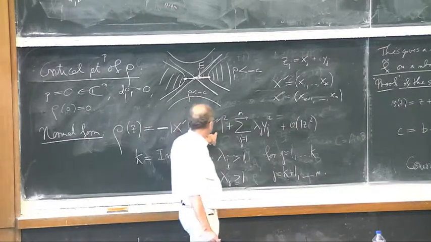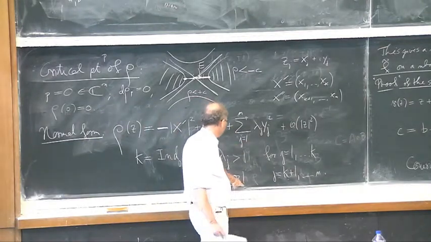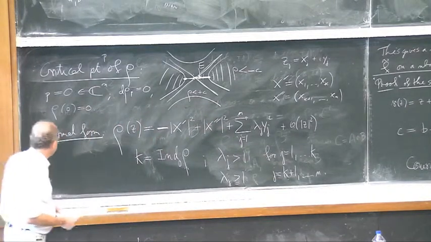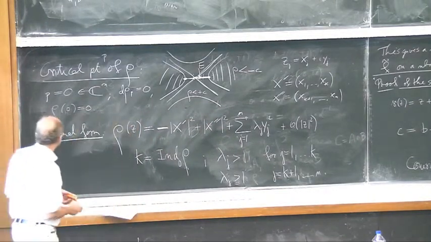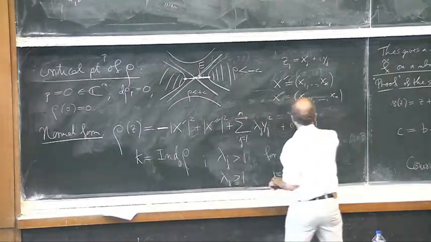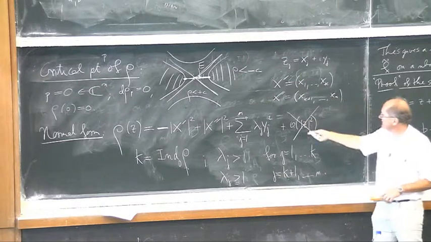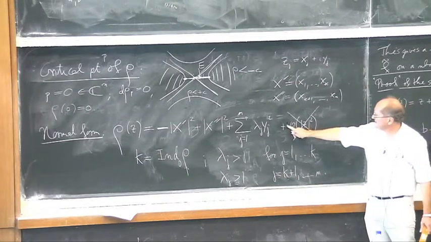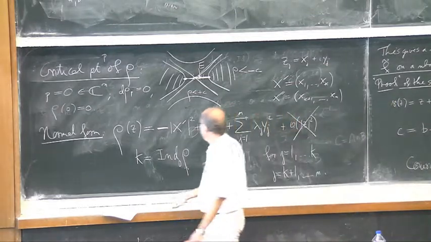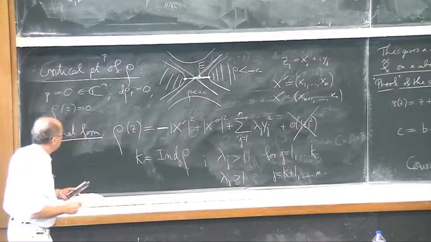But in the case where it's positive, you don't have any condition, but you can still get it bigger than or equal to 1. So this is the normal form. And then it's also easy to see that by small adjusting of rho, we can actually kill this term. This is not by change of coordinates, but by just sticking in some cutoff function here. So you don't need to consider this term. Okay, so that's the situation.